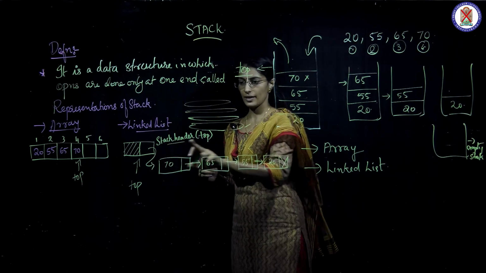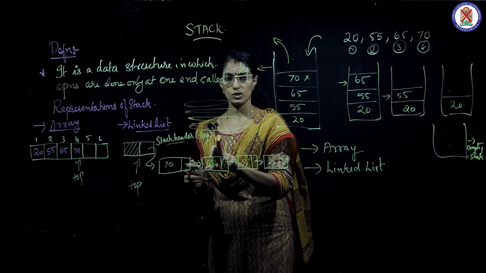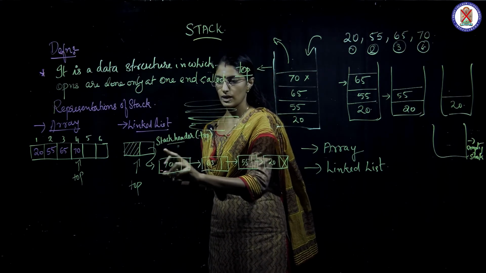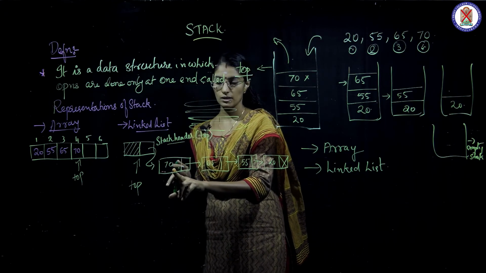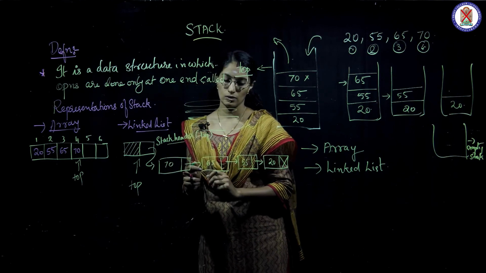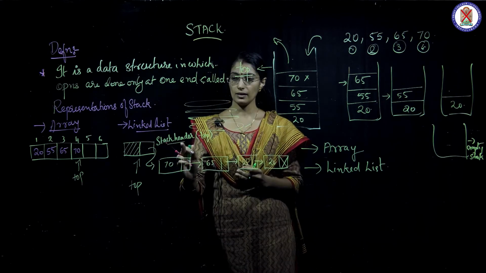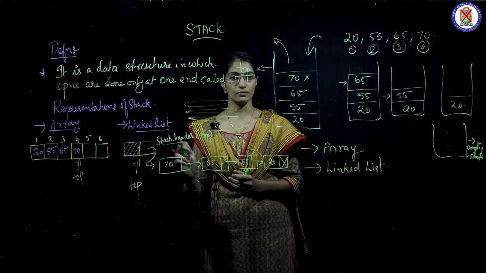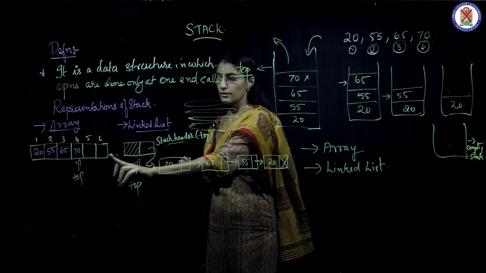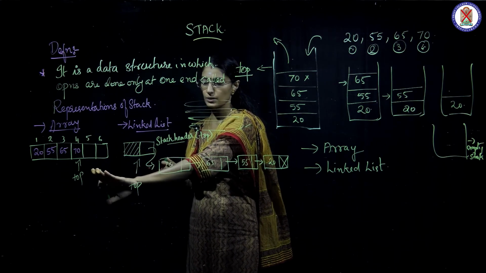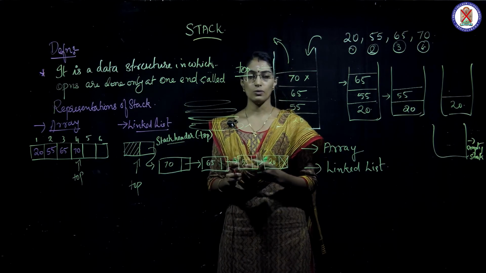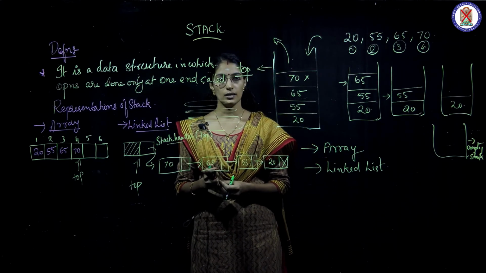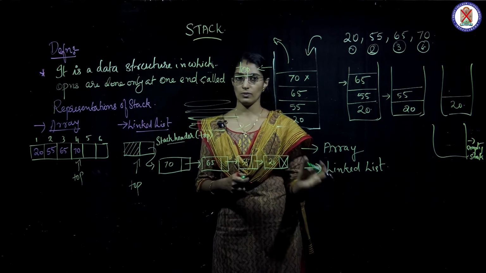Naturally the stack header will be pointing to the last element in the stack. So these are the linked list representation and array representation of stack, where this figure represents array and this figure represents linked list. Next we will be seeing the operations in stack using array as well as linked list.